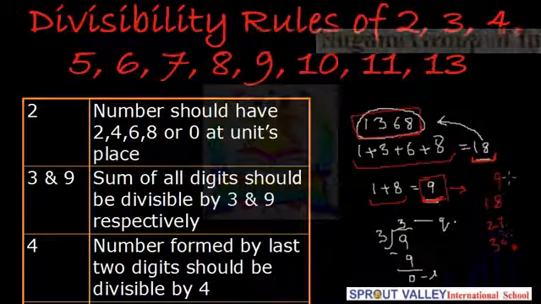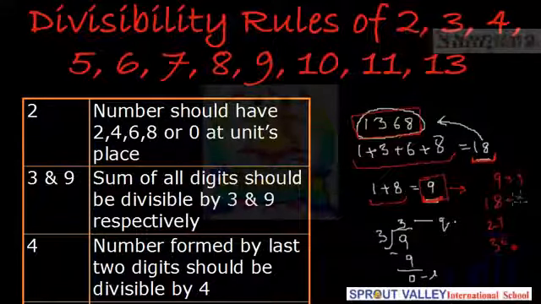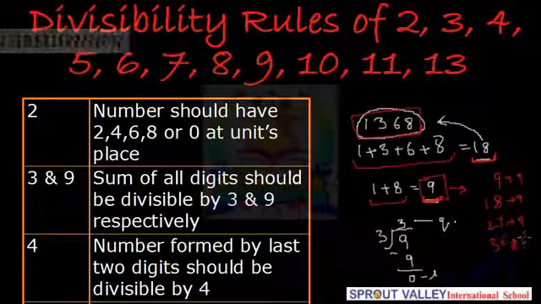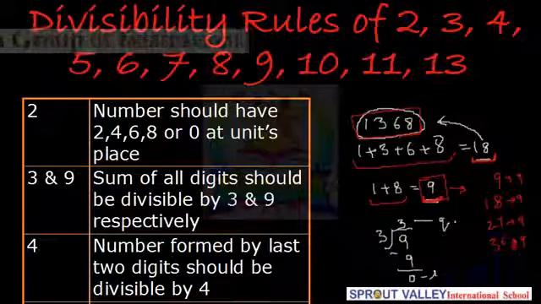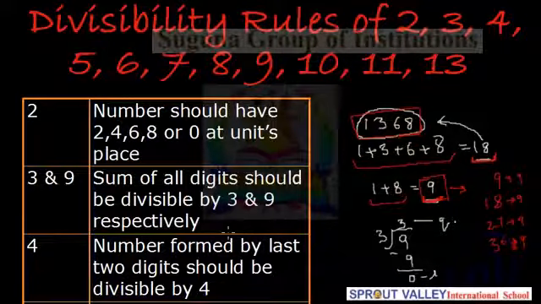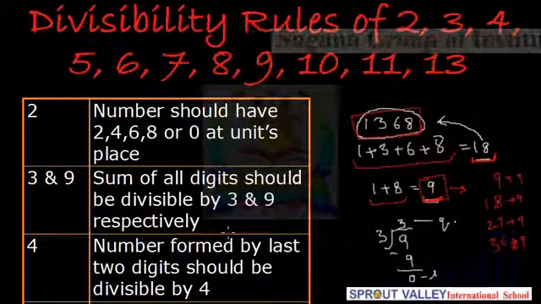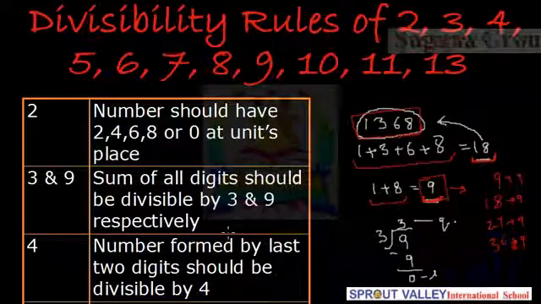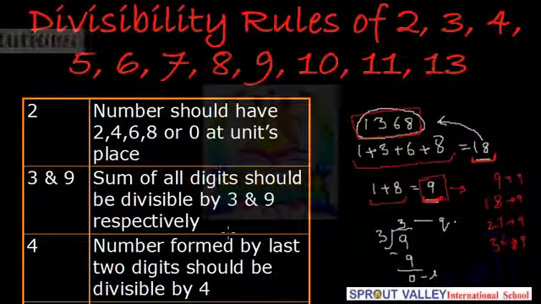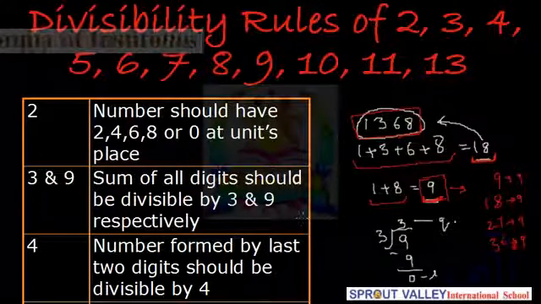Isn't it? 9 plus 0 is 9. 1 plus 8 is 9. 2 plus 7 is 9. 3 plus 6 is 9 again. So you can modify this rule for 9 and say continue adding the digits of the number you are getting till you get 9. And if you get 9 in the end, the number is divisible by 9. Right? So this was the divisibility rule of 9.